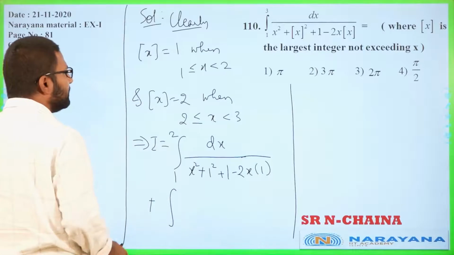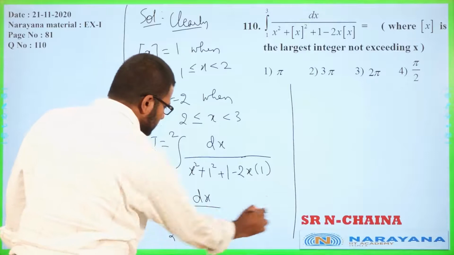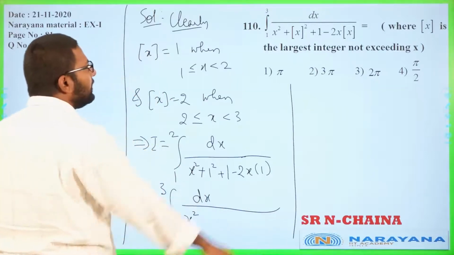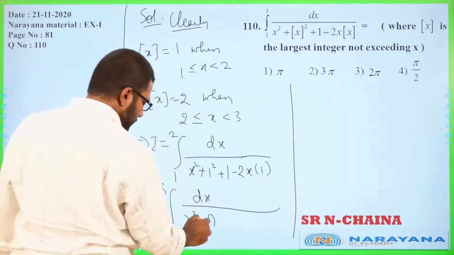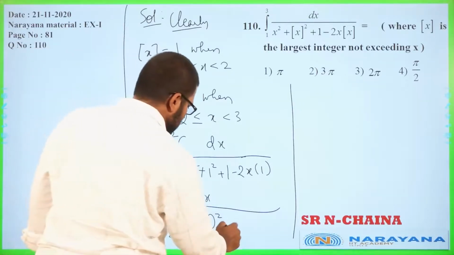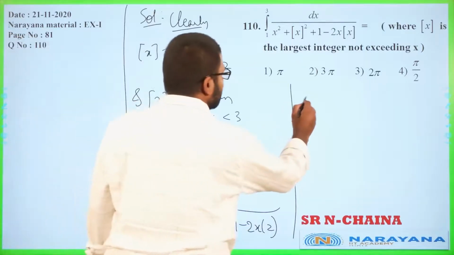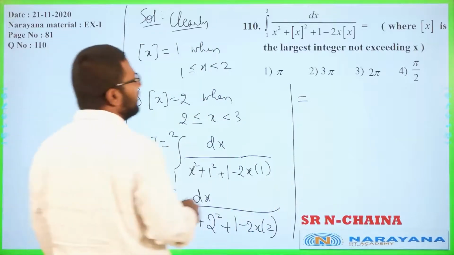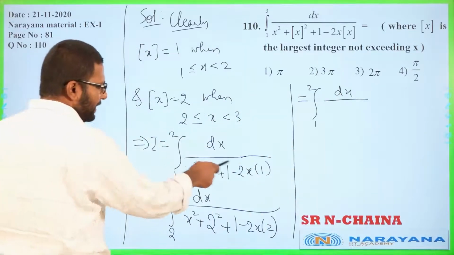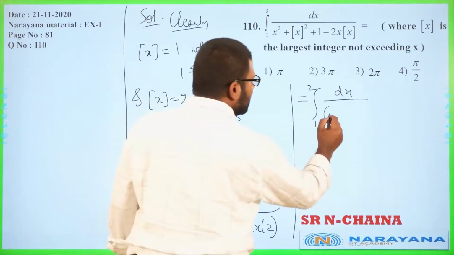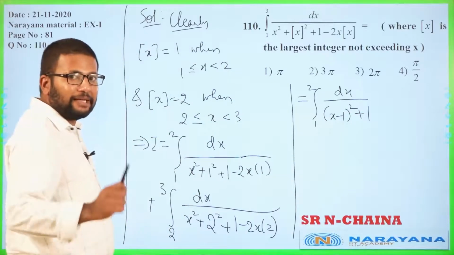And then from 2 to 3, dx by x square, step of x in 2 to 3 is 2, so 2 square plus 1 minus 2x into 2, right? So what are each of these values? This is integral 1 to 2 of dx by x square minus 2x plus 1. Do you realize this is x minus 1 the whole square, plus 1 extra remaining, correct?